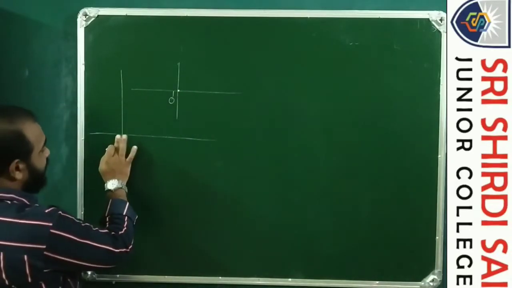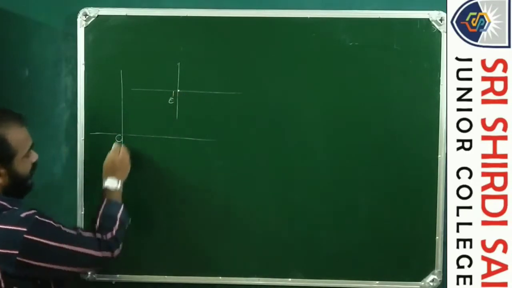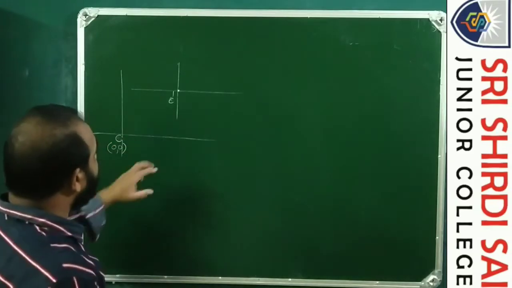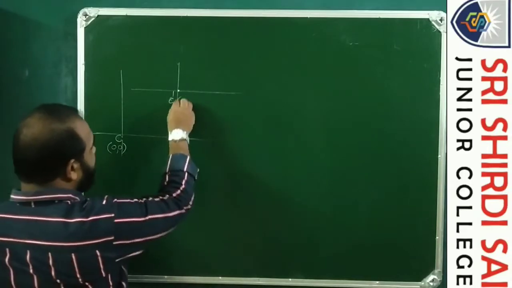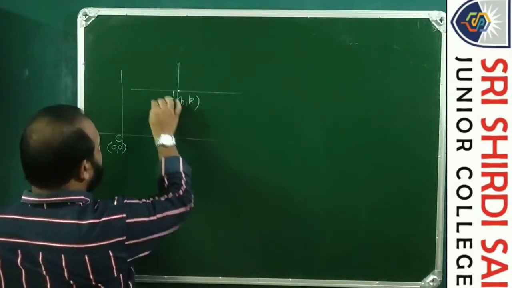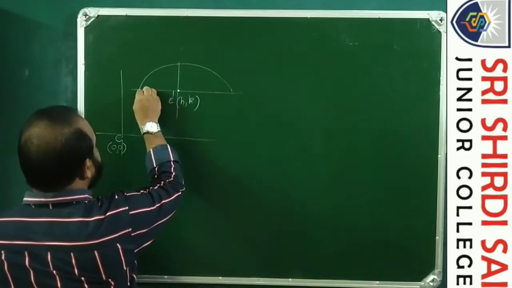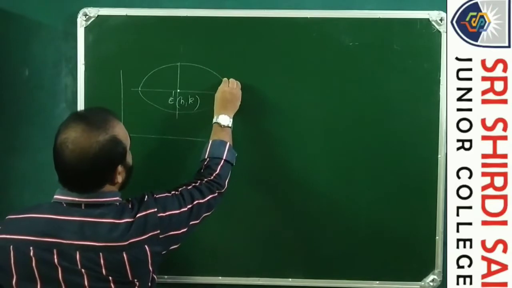Earlier C is this. Now C dash is this. Earlier C is origin 0, 0. Now it is shifted to C dash. What is C dash? H comma K. Now the new ellipse is this.